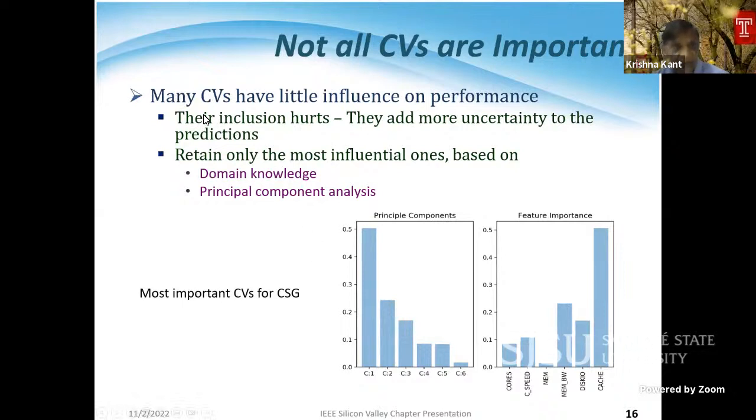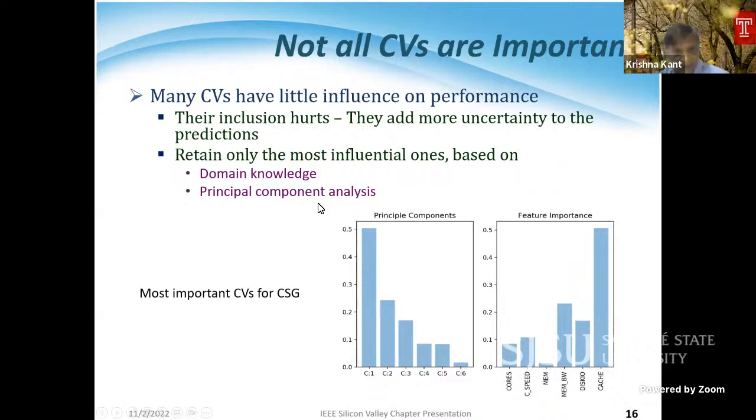The reason is that if you include parameters which don't have much influence on whatever you're interested in, let's say the throughput, and there might be many such parameters, including them actually makes results worse because it only perturbs and adds more variability.